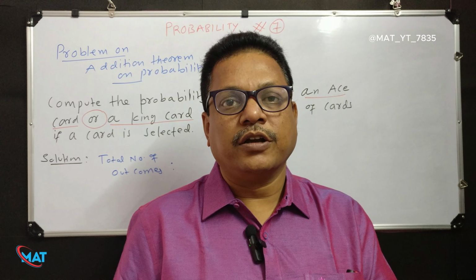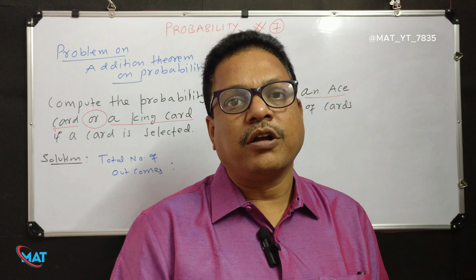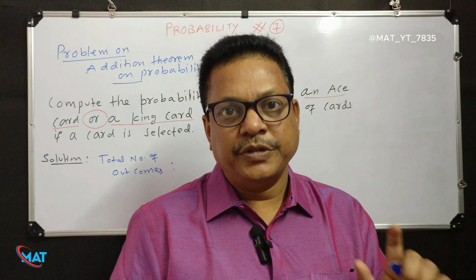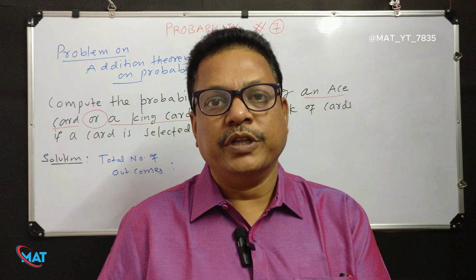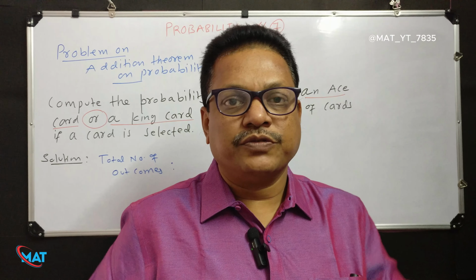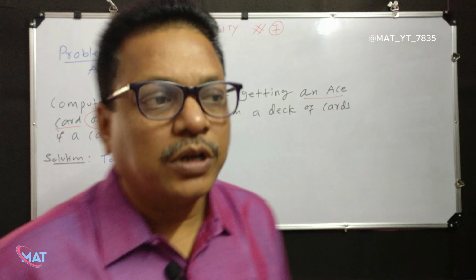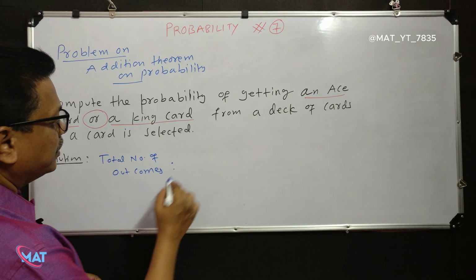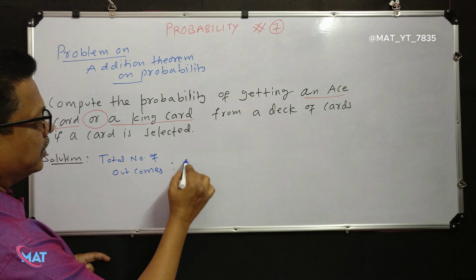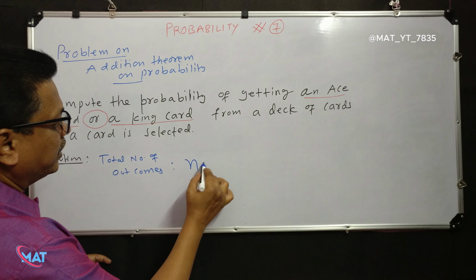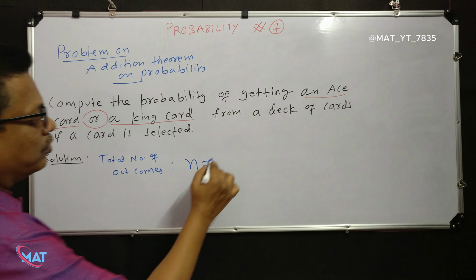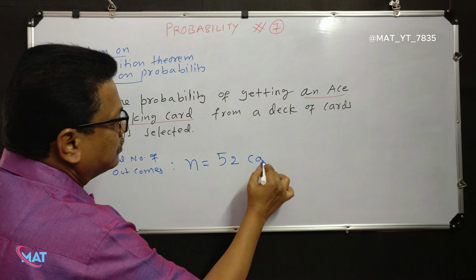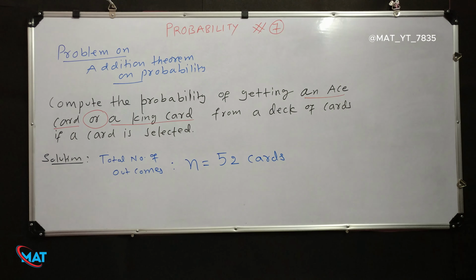If you select any card out of 52, any card you may get, meaning there is equal possibility or equal probability of selecting every card. That's why the total possible outcomes in the deck of cards will be 52. We denote it by small n, as I told you. n stands for total outcomes, that is equal to 52 cards.